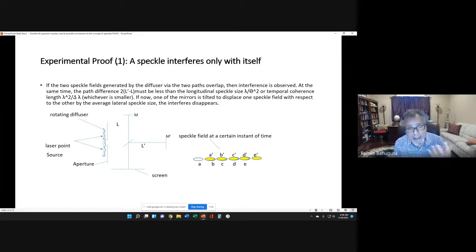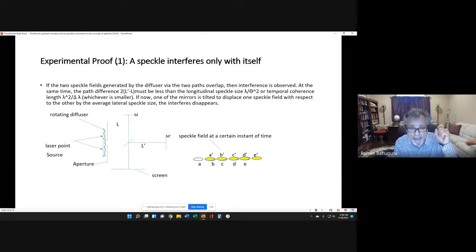Now there are two speckle fields coming out, because the speckle field that starts from the diffuser and goes through the aperture is split into two parts by the beam splitter. One goes up to mirror M, the other is transmitted to M prime and then returns. Both of them combine on the screen.